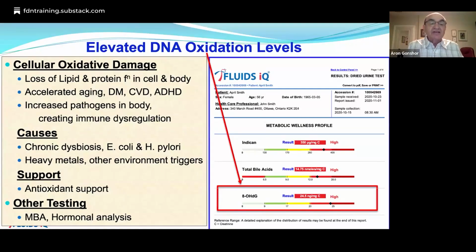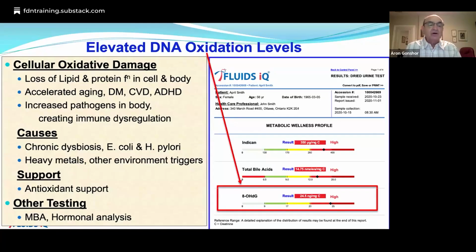With cellular oxidative damage, there's also a loss of lipid and protein function in the cell and therefore the body. If the nucleus isn't working well, how are the lipids and protein functions going to work well? They can't. And what you're going to get is accelerated aging. You now are very much at risk, if not already into diabetes, cardiovascular disease, ADHD.